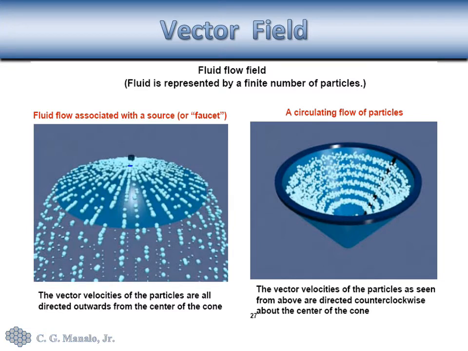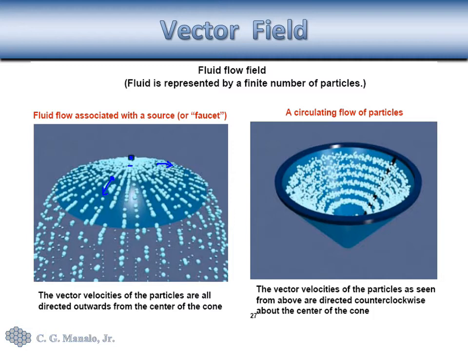This one represents a faucet where water is sprinkling out, and the velocity. For example, we take this point as an example. It has a specific velocity there and a direction. Here, maybe there is a velocity as well, and this is the direction. So it represents a vector field.